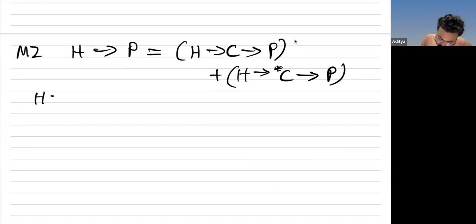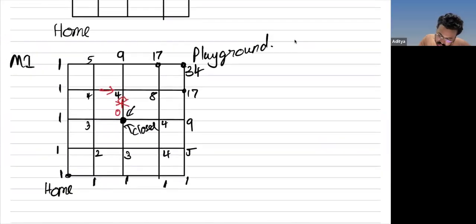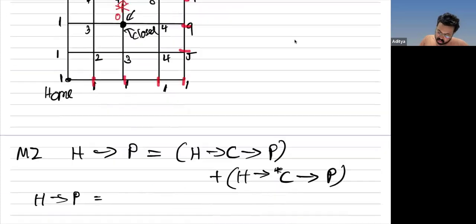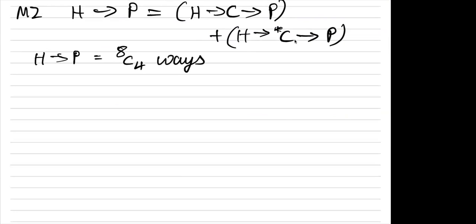So home to playground, you want to reach the, what vertex is it? 1, 2, 3, 4. 1, 2, 3, 4. The 4 comma 4 vertex. So home to playground, there will be 8C4 ways.